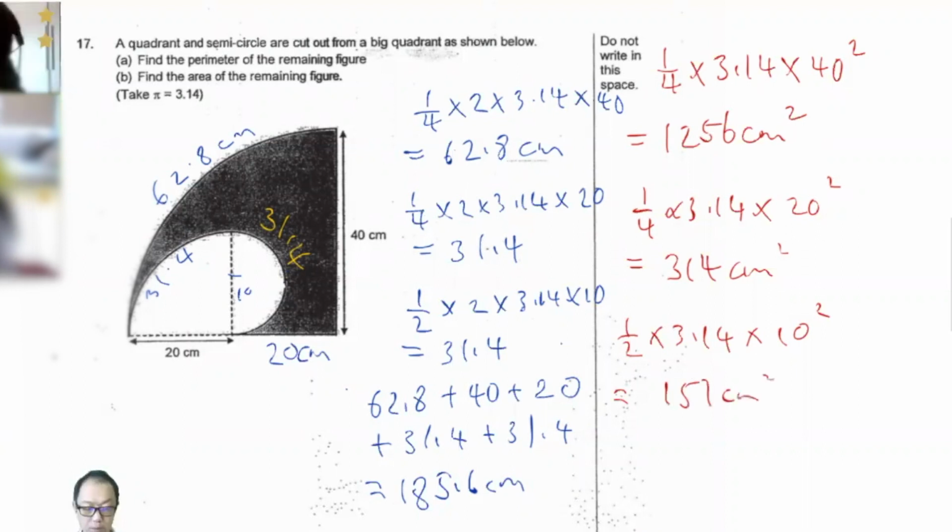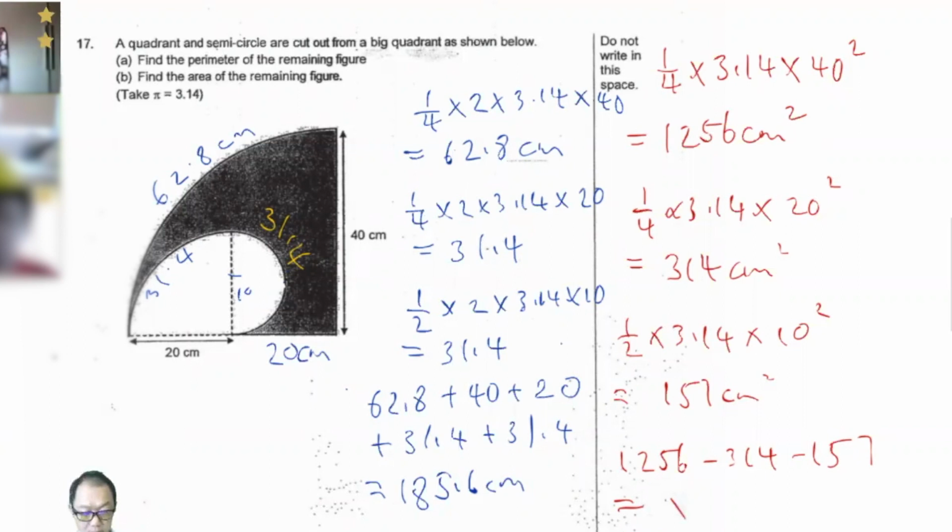Next, to find the area of the remaining one, right? 1256 minus 314 minus 157. 785, yes. Oops. That is the final answer. Oh my god. Look at all these math problem sums. Finally. Yeah, finally. Very tedious, right?